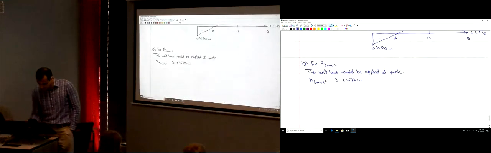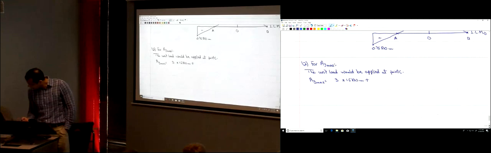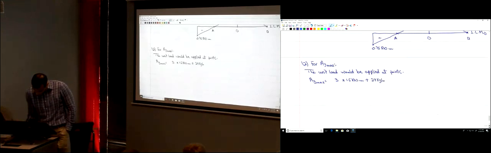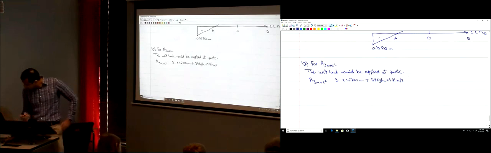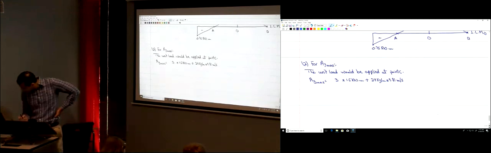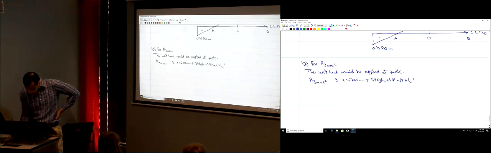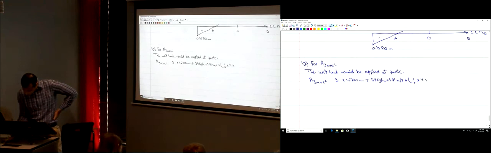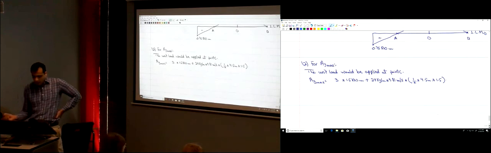So I have to add the effect of the dead load, which is 24 kilograms per meter times 9.81 meter per second squared, multiplied by the area of the influence line, which is 1/2 times the length of the beam, 4.5 meters, and the height here, 1.5.